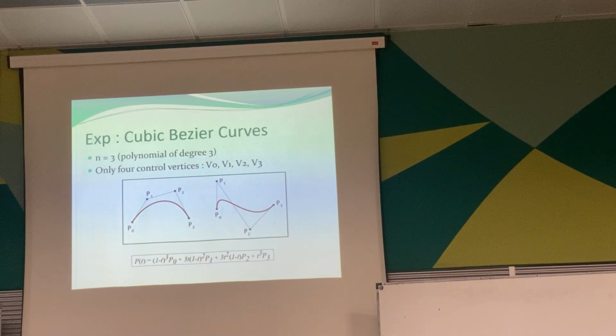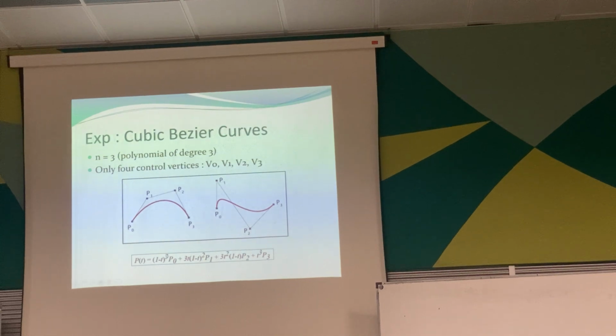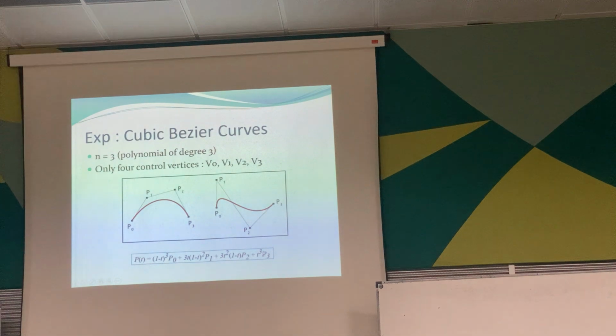This is degree 3, so the exponents go 3, 2, 1, 0, with P0, P1, P2, P3. That's a polynomial.